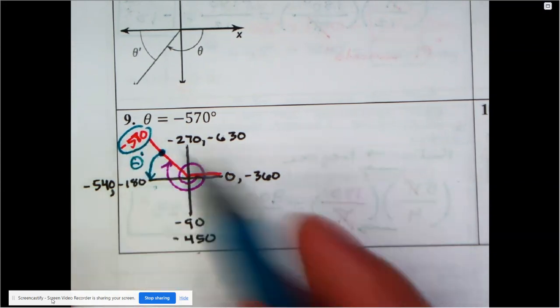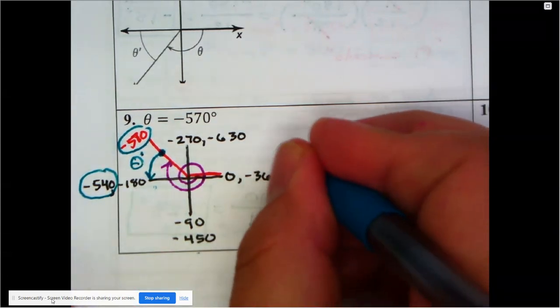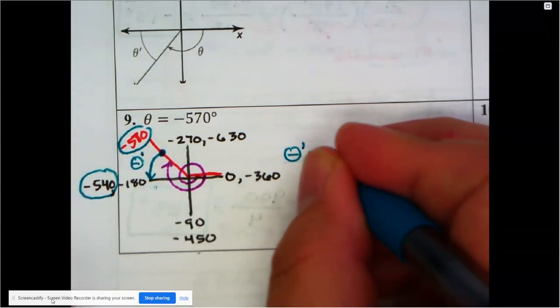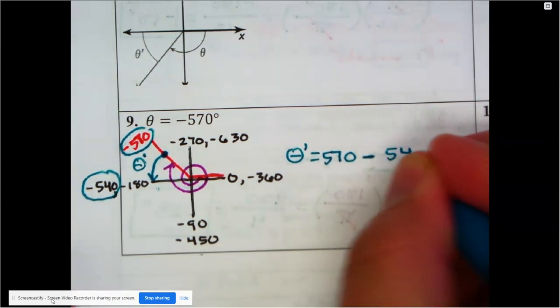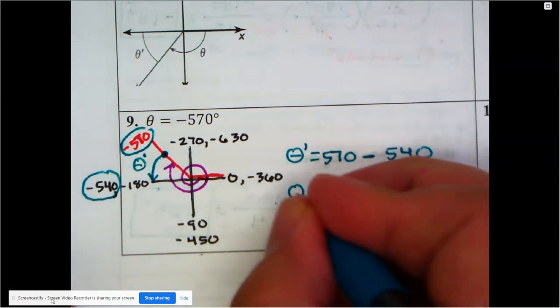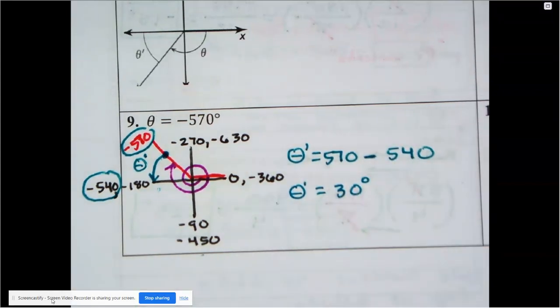Remember, if I was at 570, I got to go with the 540. And notice, I didn't even say negatives anymore. So theta prime, bigger number, 570, minus the smaller one, 540. Again, you don't worry about negatives because reference angles need to be positive. And just like that, we find our answer for our reference angle of 30.